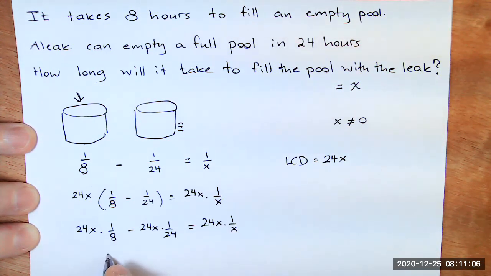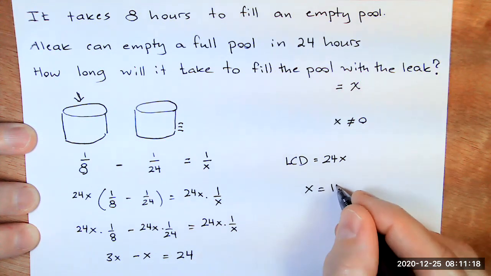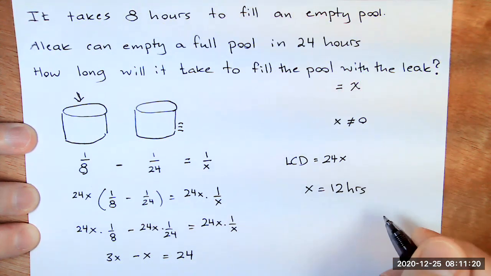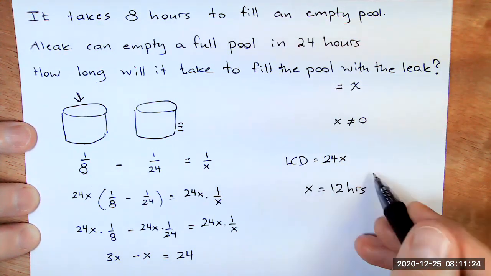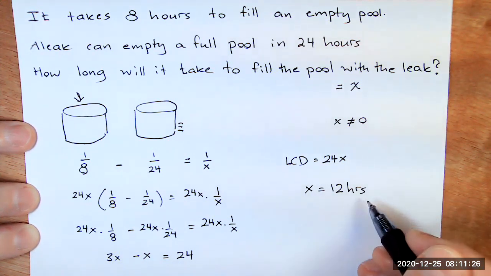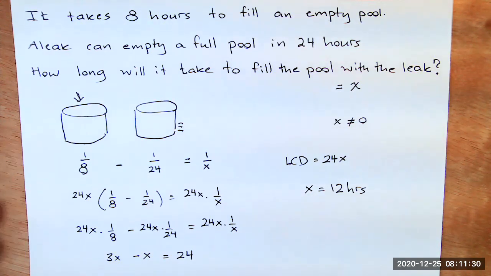So we get 3x minus x equals 24. 2x equals 24, so x is equal to 12 hours. Does that sound right? Of course, it'll take longer to fill the pool with a leak in it. And that's that.